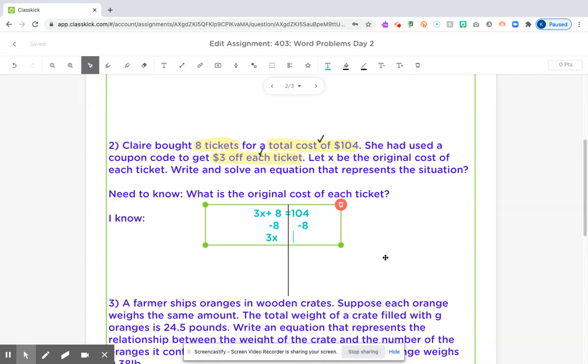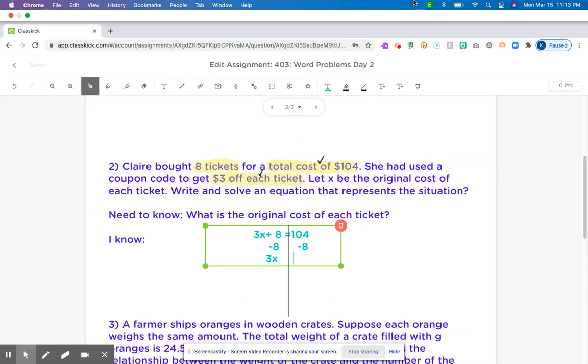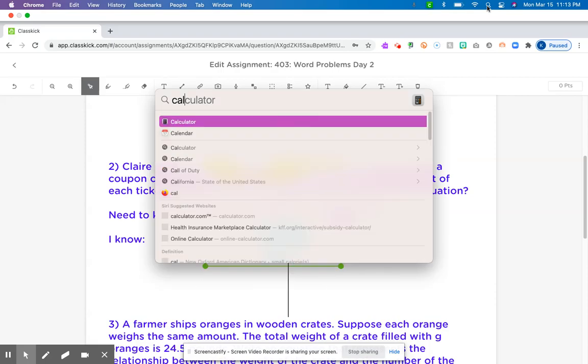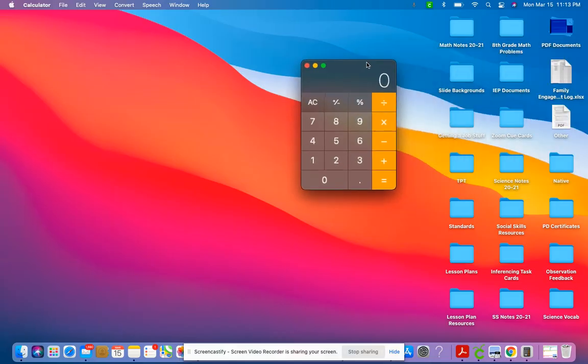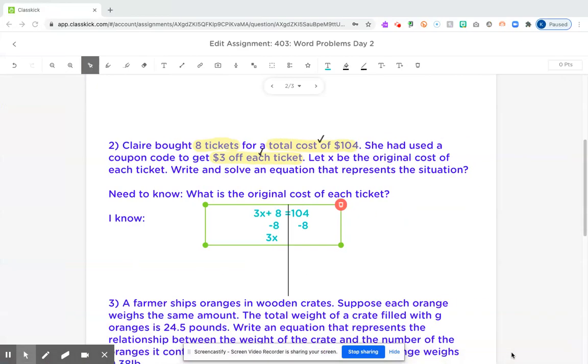is equal to, and I'm going to go find me a calculator, and you all can find you one too. All right, let's see if it pulls it up. Oh, here we go. So we did 104 minus 8 is equal to 96. So I'm going to put 96.